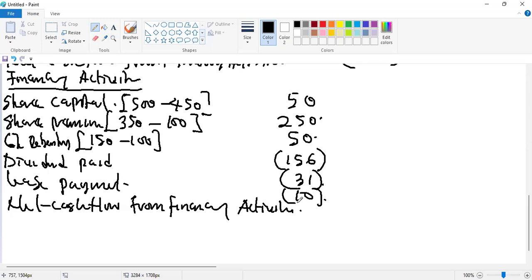What is the net cash flow from financing activities? 153. Is it negative or positive? Positive.